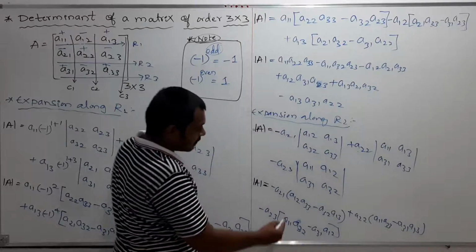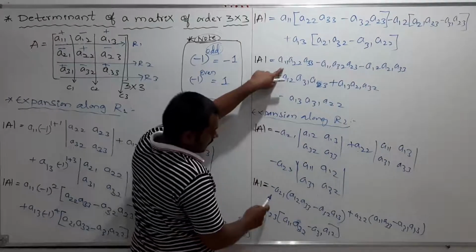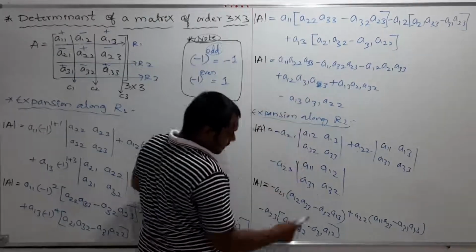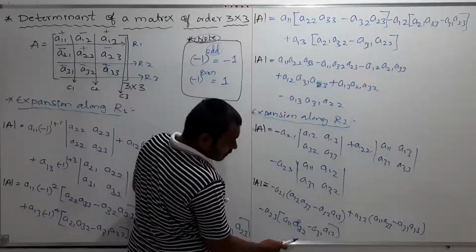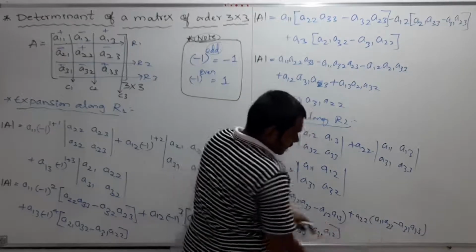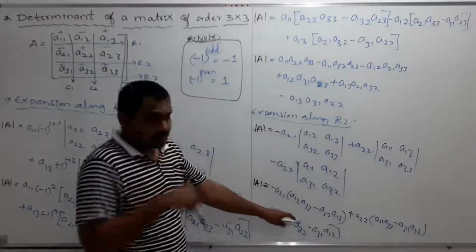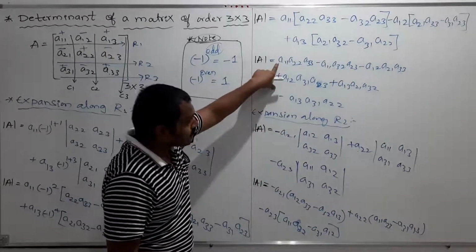So further if you simplify this, again you are getting this only. Here you can observe a11 a22 a33. If you further simplify, again you will get this answer only.